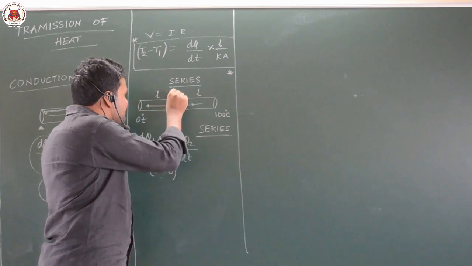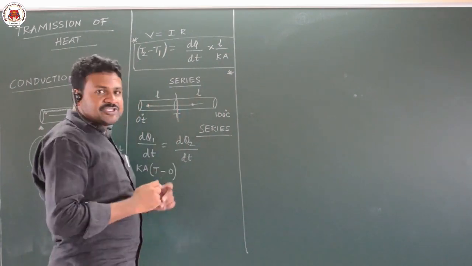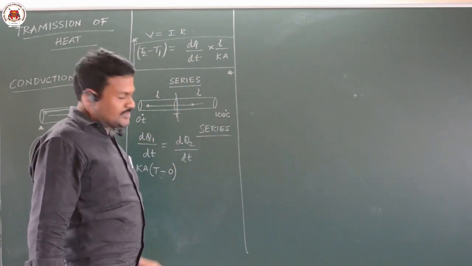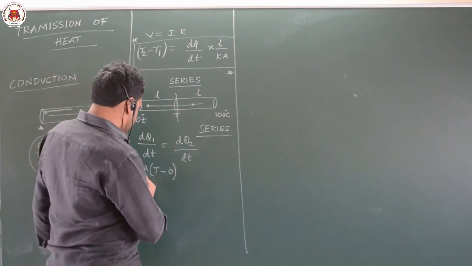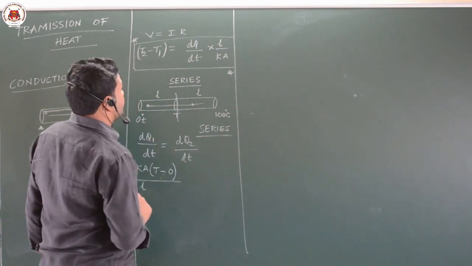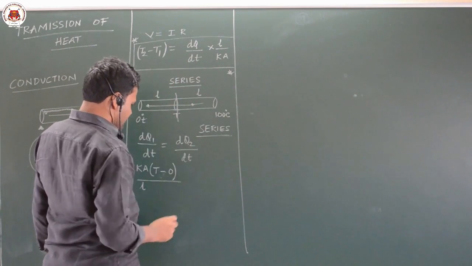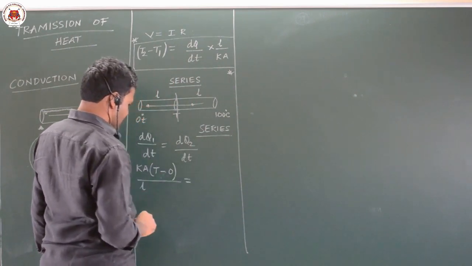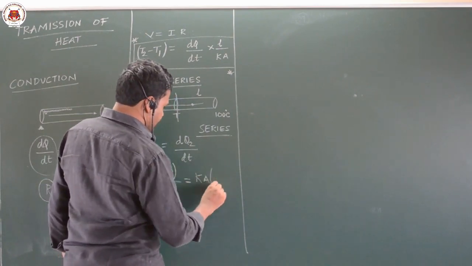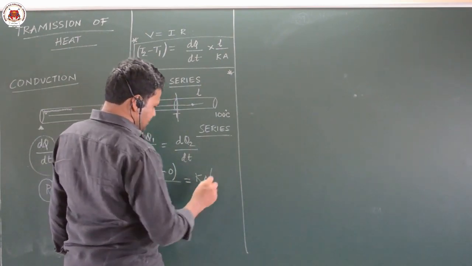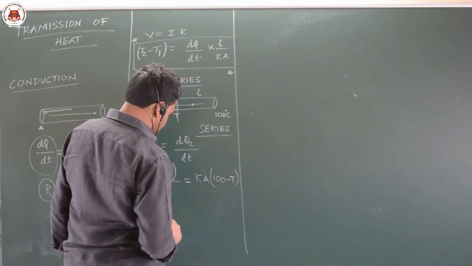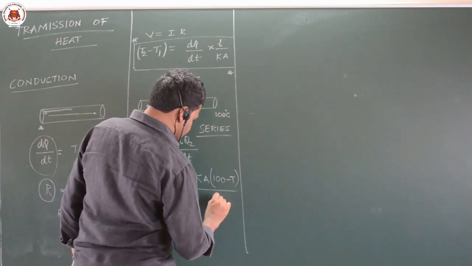And this is the surface temperature or contact temperature. So, T minus 0 by L, Ka T2 minus T1 by L is equal to Ka, 100 minus T divided by L. Completed.